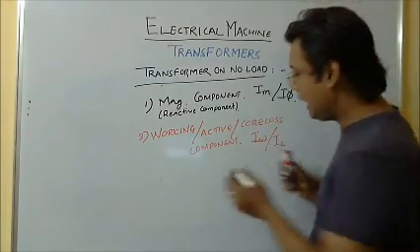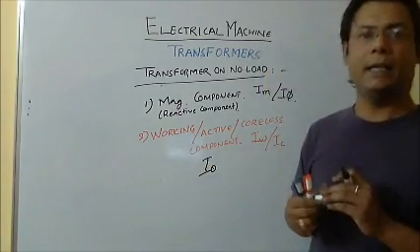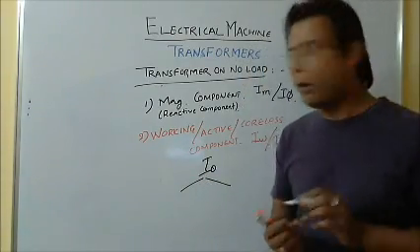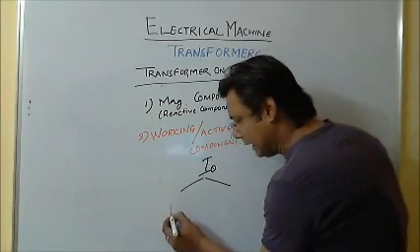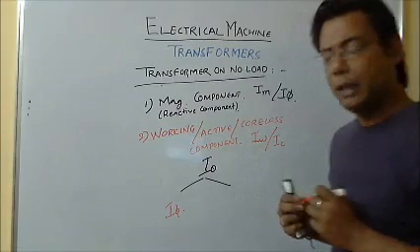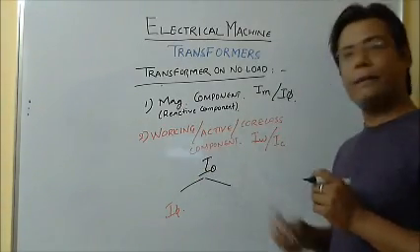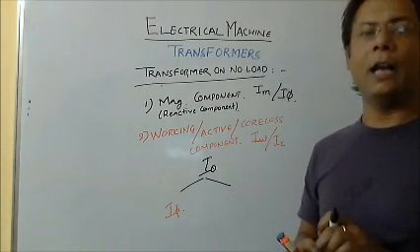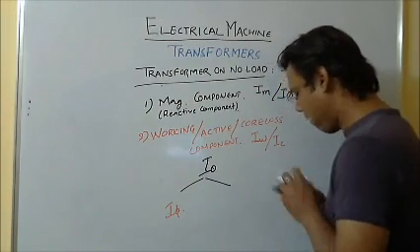So I can say that I0, which is called the exciting current, has two parts. One is called the magnetizing component, I'll write it as IM or I phi, whatever. And another is called the working, active or core loss component, which I can say as IW or IC. Here I use IC.